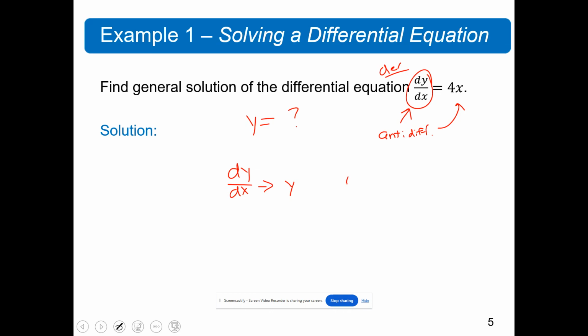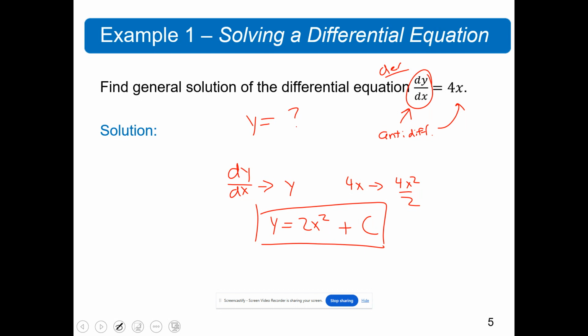And then 4x is going to become, well, we have to do the antiderivative. So that'd be 4x squared over 2. So we would have y equals 2x squared. And if you remember, we add the plus c. So that would be the general solution for this differential equation.